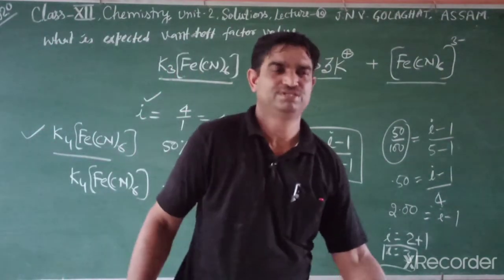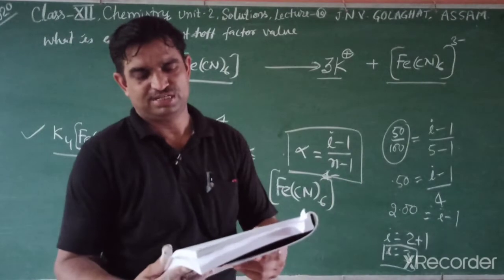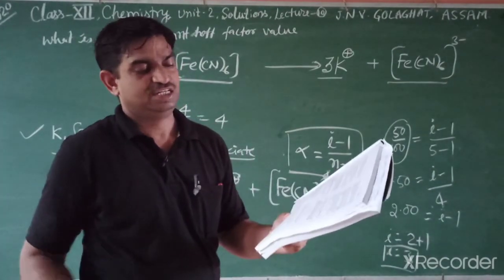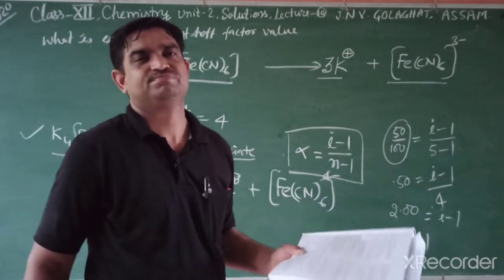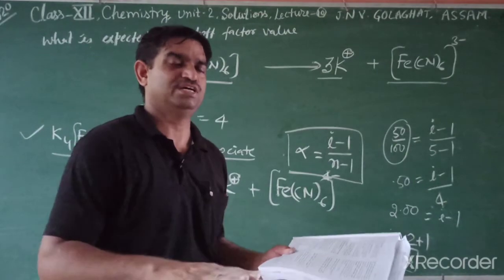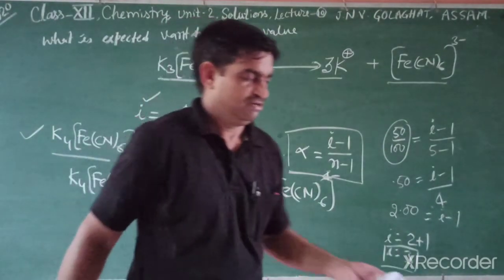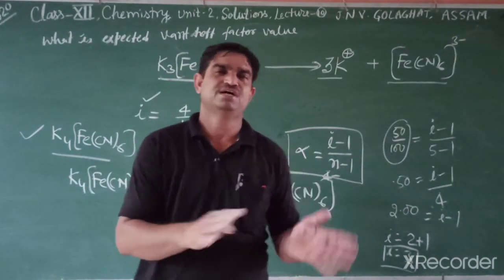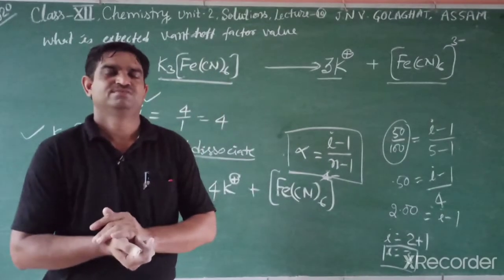Another question is given in your NCERT book. The question is: what is the expected Van't Hoff factor if acetic acid is dissolved in water? More than 1 or less than 1? Acetic acid dissolved in water and acetic acid dissolved in benzene give two different types of Van't Hoff factor.